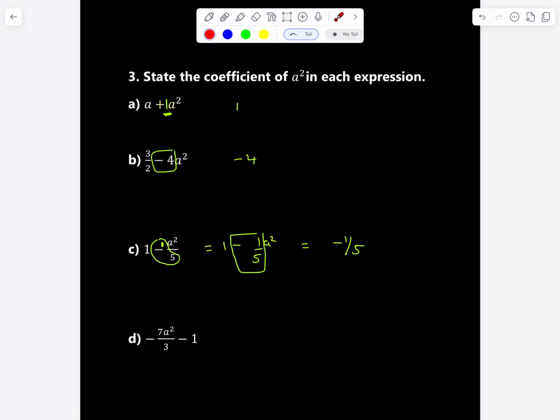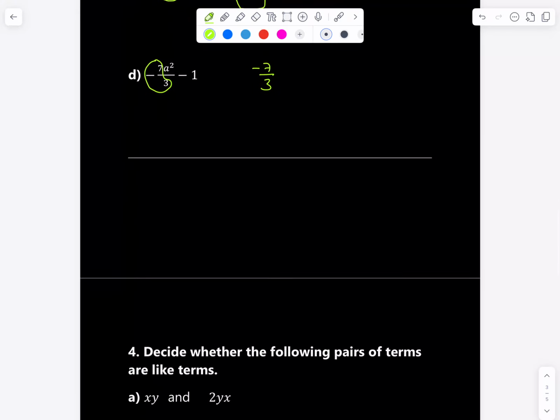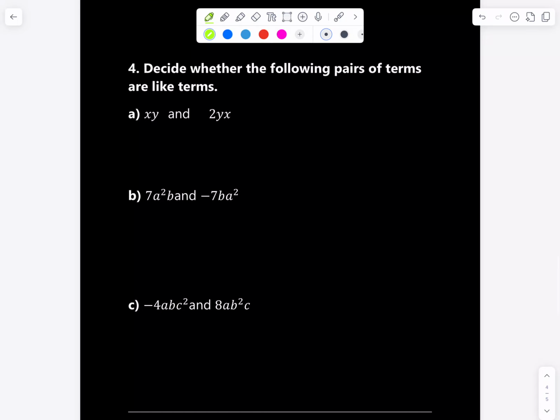It's always either on the top or on the side. Okay, and then using that same principle, we could see that the coefficient of a squared in question D is -7 on 3. So hopefully that makes sense, and it's pretty simple now. Okay, how are we doing? Hopefully you're getting 3 out of 3 so far.